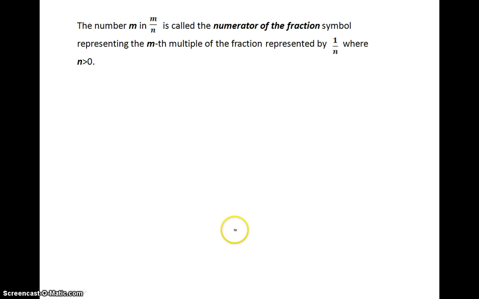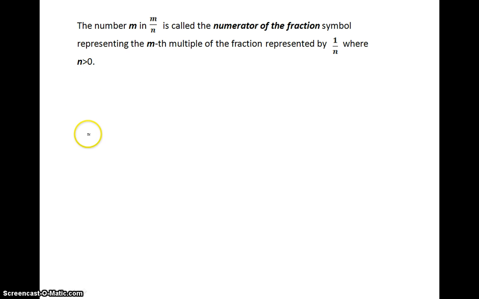Alright, so the number M in the fraction M over N is called the numerator of the fraction. So the M is the Mth multiple of the fraction represented by 1 over N, so that's our partition, where N is greater than 0. Remember, you can't have 0 partitions, so whatever our N is going to be, it has got to be greater than 0.